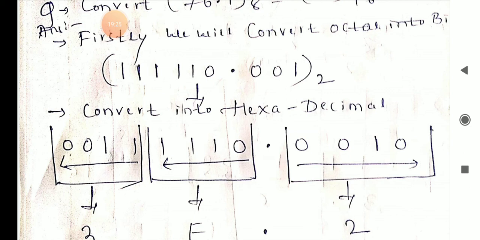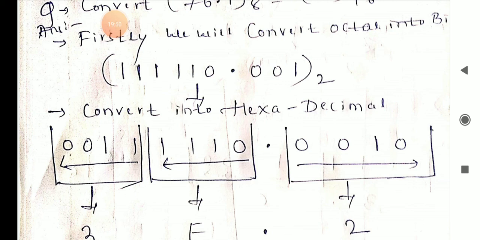To convert into hexadecimal, make groups of 4 bits. From the dot, on the right side make groups of 4, and on the left side again groups of 4. On the right side, 001 has only 3 bits, so we add one 0, which gives 0010.